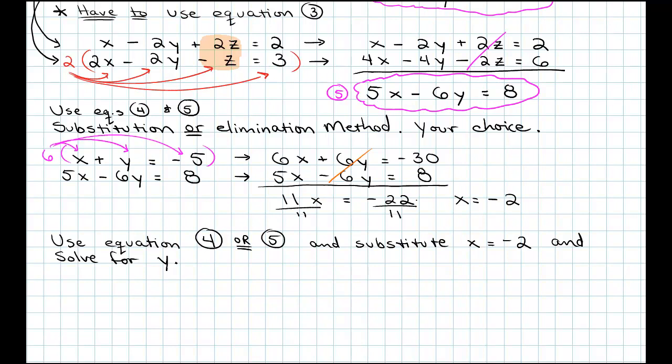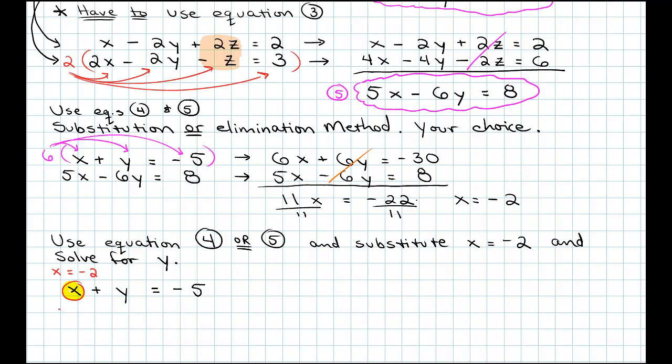I'm going to use equation number 4. Equation number 4 is easier to work with, I think, because if you look at the coefficients of x and y, we have coefficients of 1, and I'd rather work with that equation. So instead of x here, I'm going to substitute x equal to negative 2.